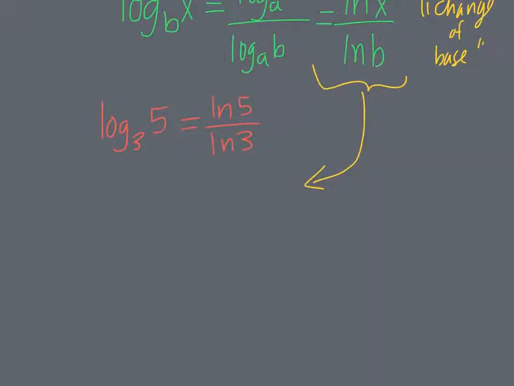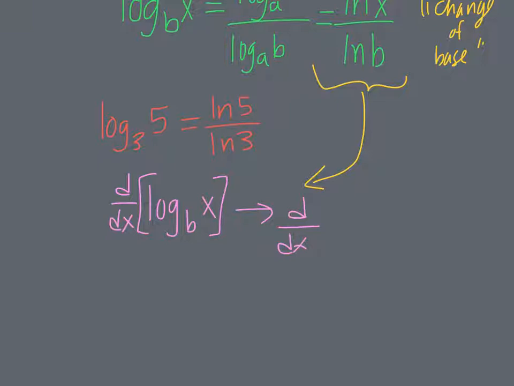Let's say that I wanted to take the derivative of the log base b of x. I could rewrite that as finding the derivative of natural log of x over natural log of b. And actually, the natural log of b is a constant, like natural log of a number.